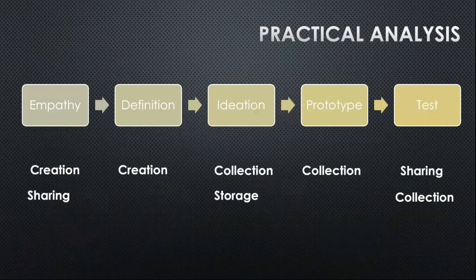What we've been talking about is illustrated on the screen. What you see at the top are the basic steps of design thinking. If you look at design thinking models, some may add one or a second step, but the basic design thinking model has empathy, definition, the ideation process, prototyping, and testing.